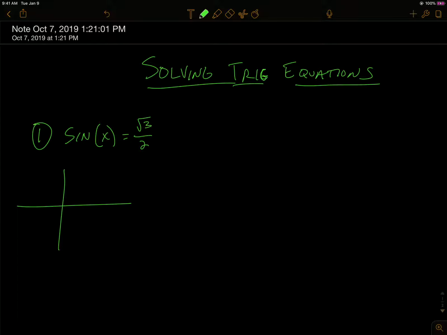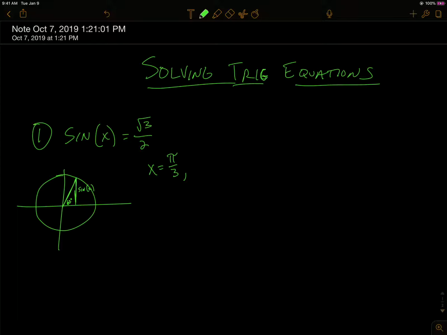So that means what angle is that going to be? That's going to be our 60-degree angle. So I'm going to say that x is going to be equal to pi over 3 radians.